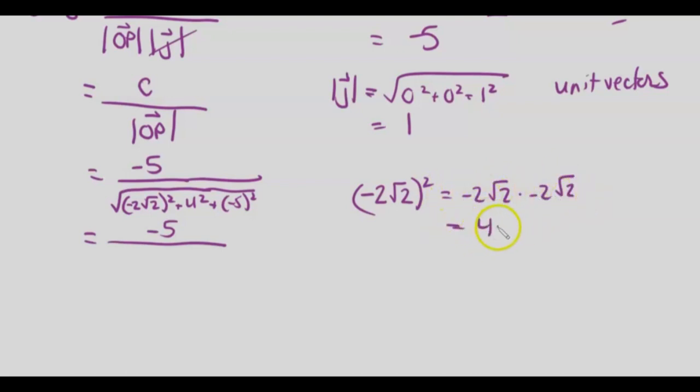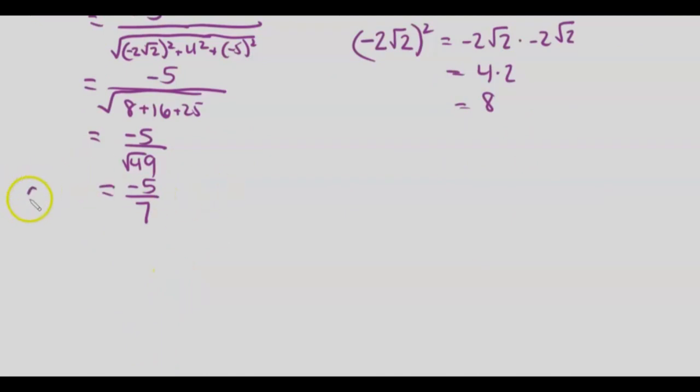So that's going to be 4 times 2, which is 8. So this is 8 plus 16 plus 25, the square root of that. So -5 over the square root of 49, which is just -5 over 7.